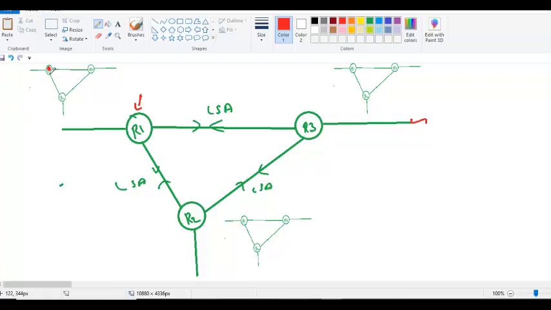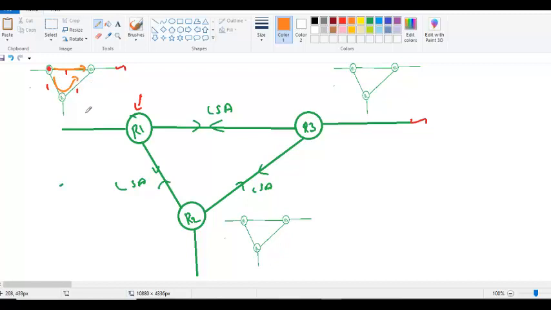This is one path. This is another path. Which one is shortest? So it will compare the cost. Based on bandwidth, let's say the cost here is 1, 1 and 1. So if I go this way, the cost is only 1. If I go this way, the cost is 2. So I will only choose to go this way.